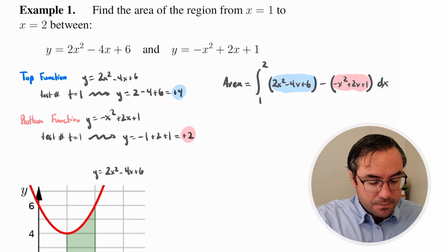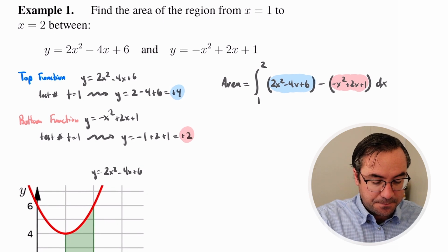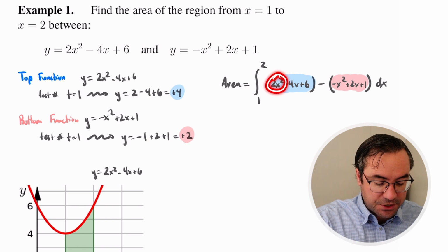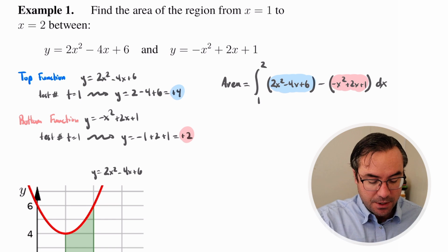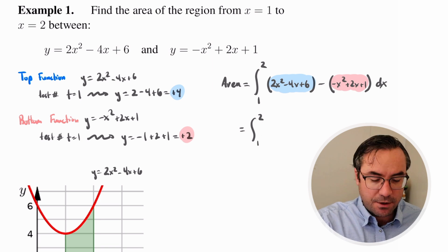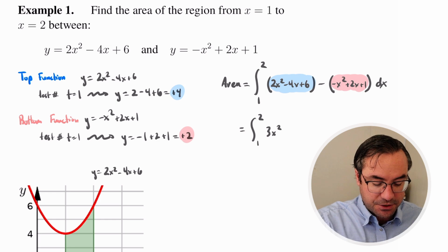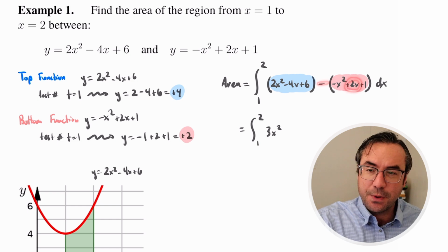So in our case here, we've got 2x squared, then we're subtracting a negative x squared. So we can actually combine those. So 2x squared, the double negative becomes positive, so we end up with 3x squared. Then we have minus 4x minus positive 2x.